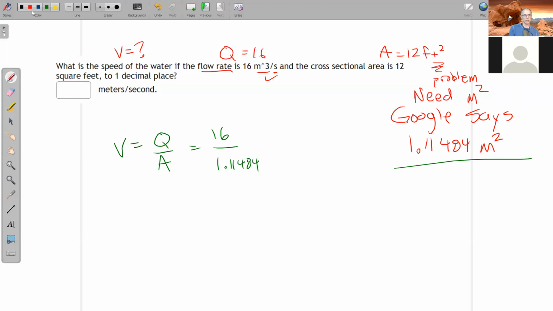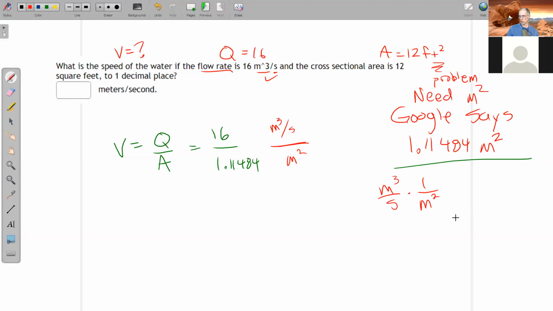And just to double check, this number here is in the top, meters cubed per second, and I'm dividing that by meters squared. And if I clean that up, dividing by a fraction is multiplying and flipping. So this would be meters cubed per second times 1 over meters squared.